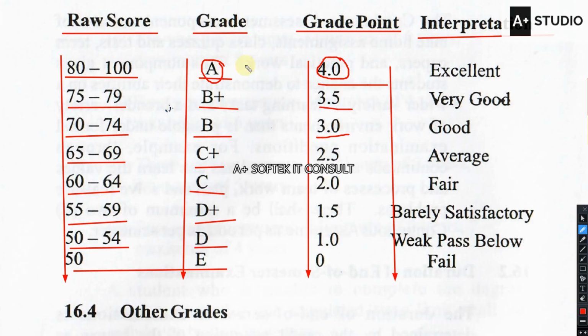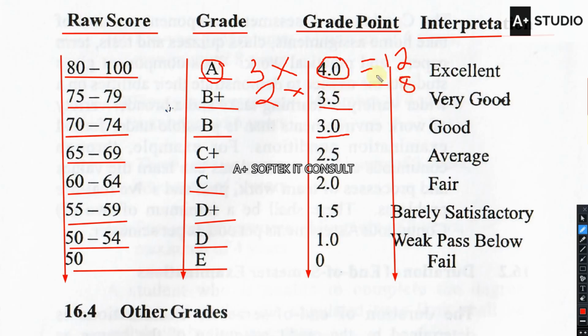So assuming the course has 3 credit hours, if you want to find the actual grade point, you multiply the 3 credit hours by the grade point, which gives you the actual grade point, which is 12. Assuming the course is 2 credit hours and the student has an A in that course, you multiply by the grade point and this gives you an 8.